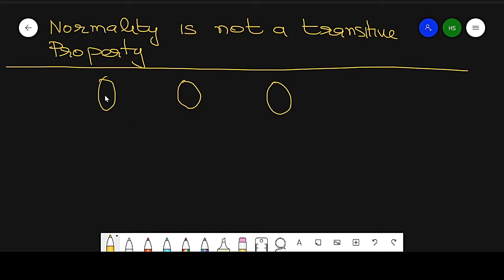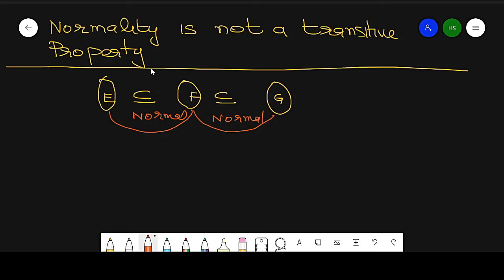So to prove that E, F and G are such that E is a subset of F and F is a subset of G. Now we want to prove that E is normal in F and F is normal in G, but E is not normal in G. So it is not a transitive property.